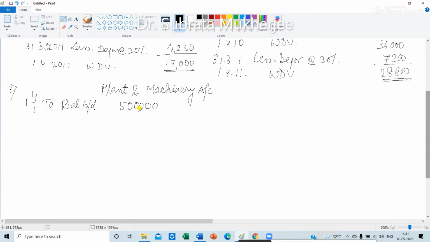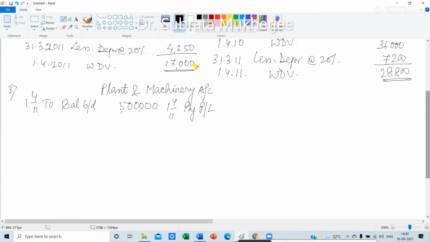So the cost of machinery account balance of rupees 5 lakh is given on 1st April 2011. But there are 2 adjustments that have to be done with this rupees 5 lakh. One, the cost of repair that was wrongly capitalized. So you need to reduce the cost of repair by P&L.